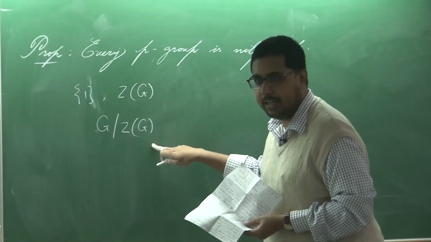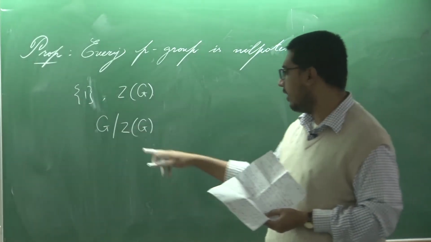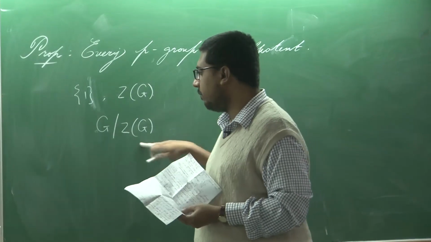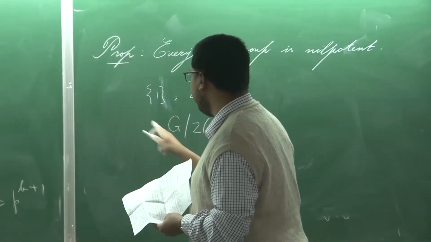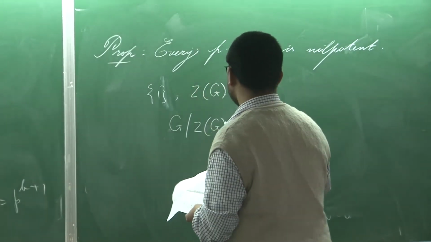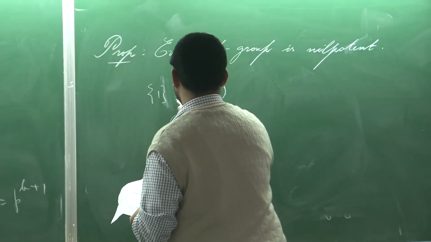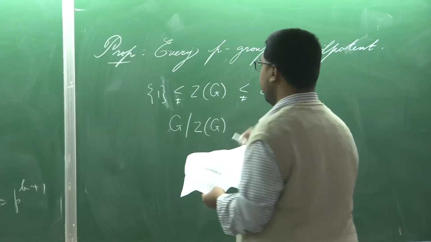If this is non-trivial, then again its center is non-trivial because it is a p group. Then when you pull it back, that will be a subgroup of G containing Z(G) properly. So, therefore, in this case you get this.